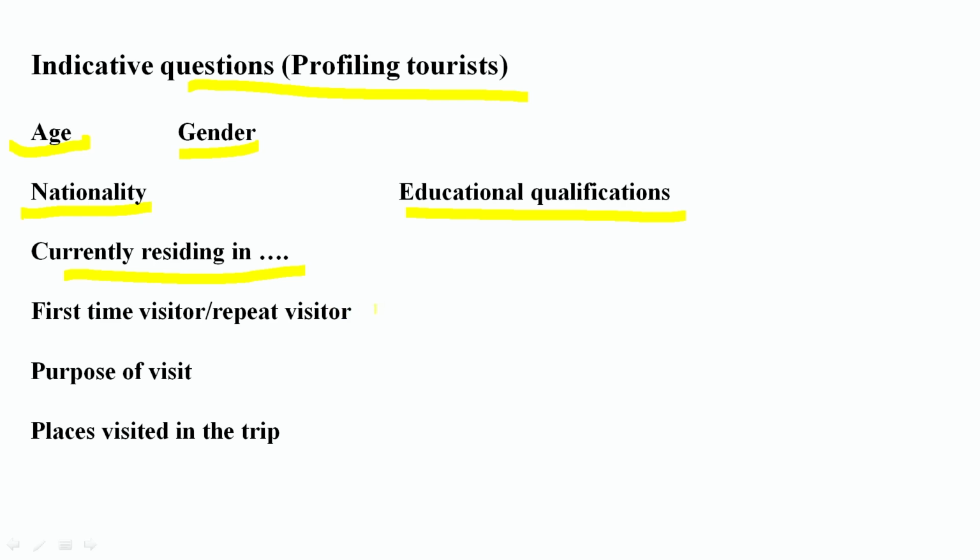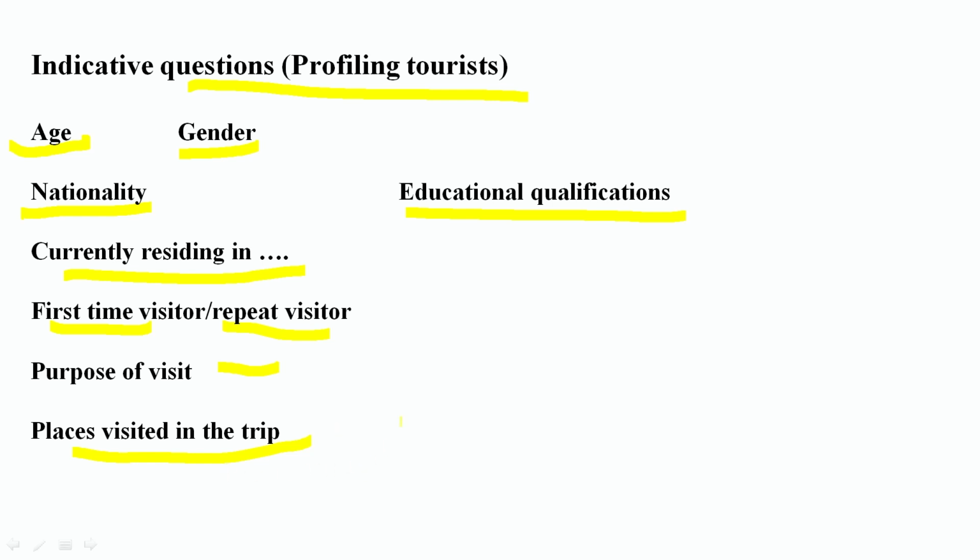And if we take specifically tourism, we can ask whether it is a first time visit or they are visiting repeatedly. This is a repeat visit. The purpose of visit may be for religious or leisure, visiting friends and relatives, or shopping, a number of options that you can give, and the places visited, number of days stayed in that destination, amount of money that you spent.